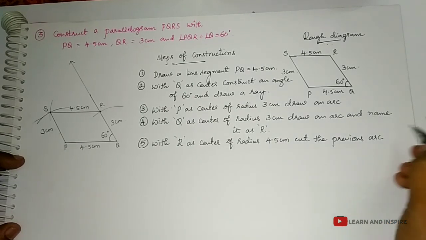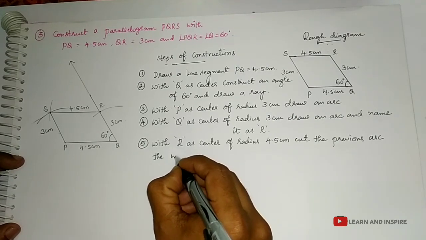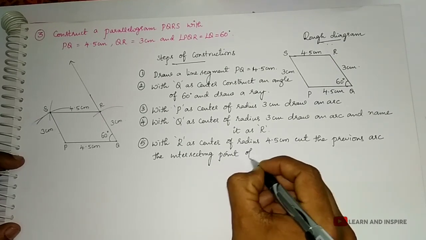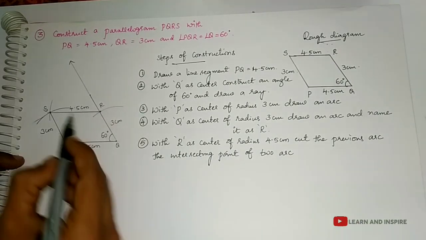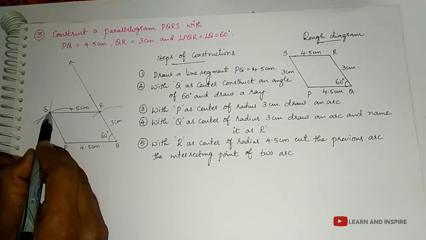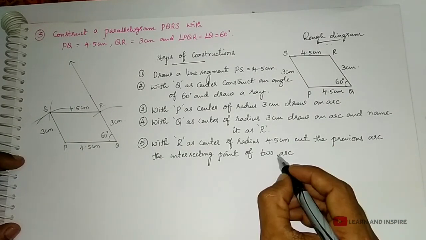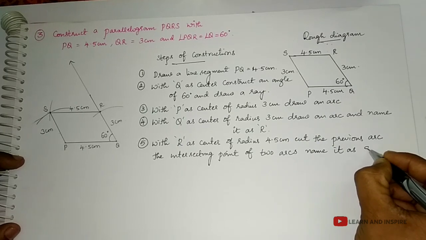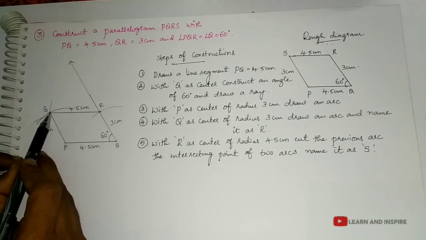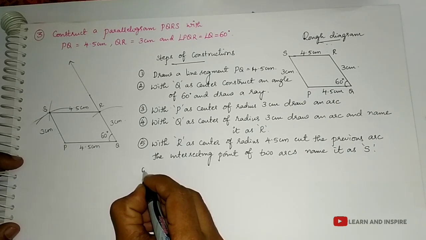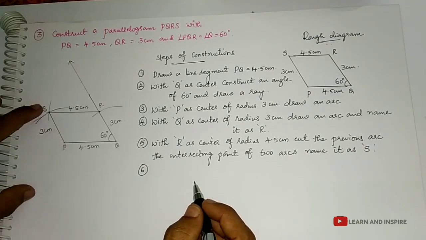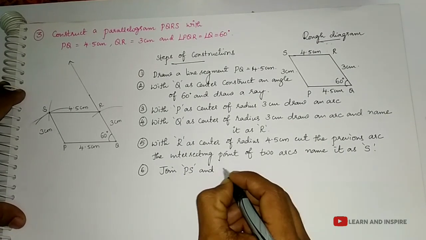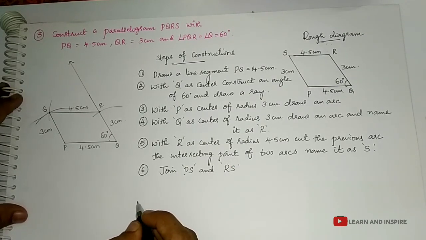You can see these are the two arcs and the point is intersected here. The point of the two arcs, name it as S. Now what are the points to be joined? Step number 6. Join PS and RS.